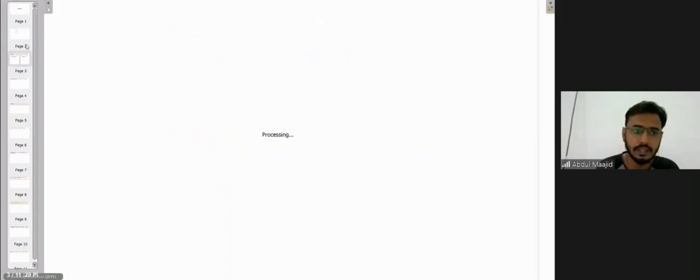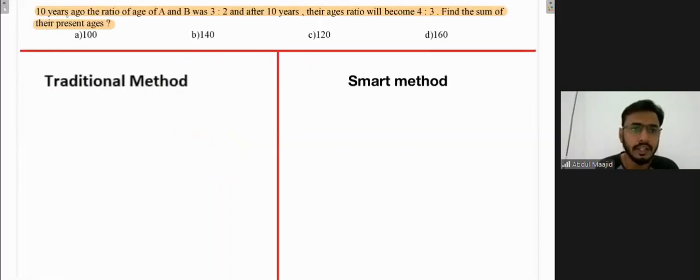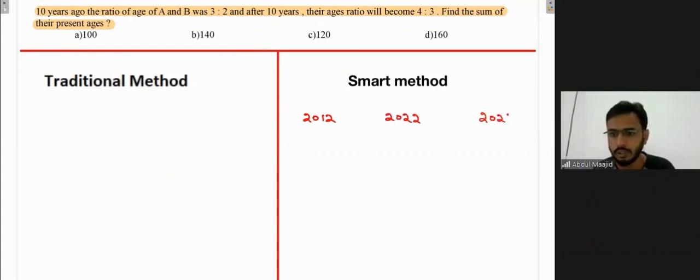I'll take the example. Say 10 years ago, the ratio of A and B was 3:2. Say if I'm talking about 2012, present is 2022 and 2032.